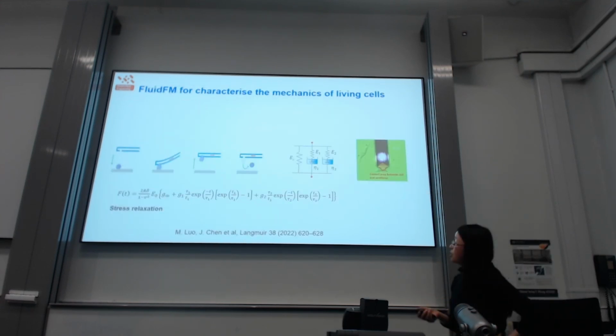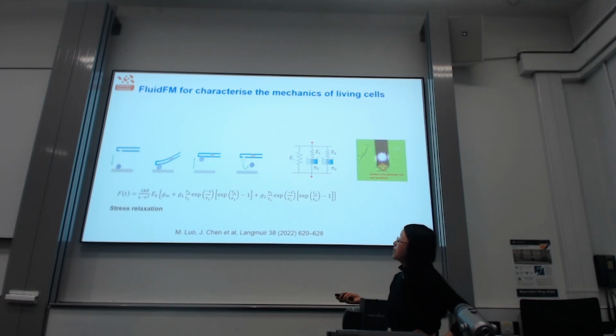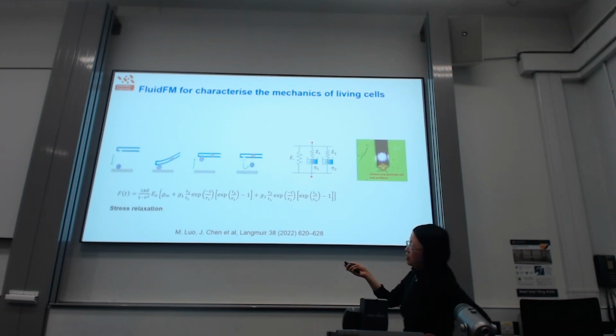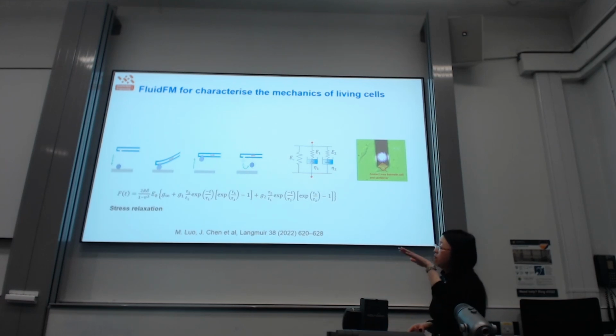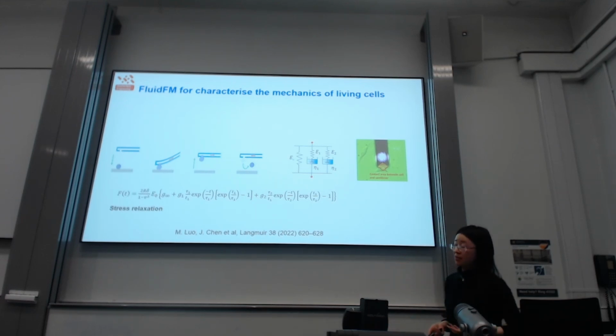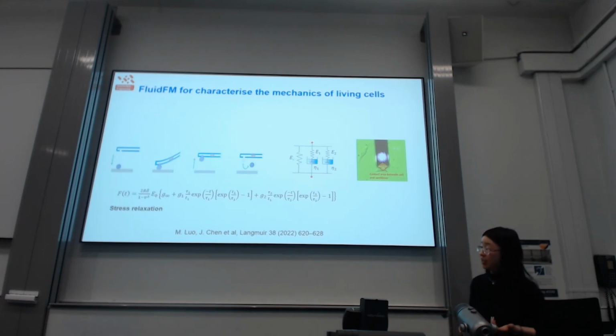Here I briefly explain how this hollow cantilever works. Usually people use a hollow cantilever just to detach the cells. But when we try to detach the cells, we need to hold the cantilever usually for a few seconds. During those few seconds, we can clearly see stress relaxation.